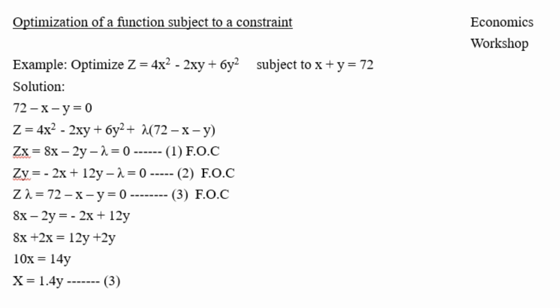So when we substitute equation 4 into equation 3, that's 72 minus 1.4y minus y equals 0.